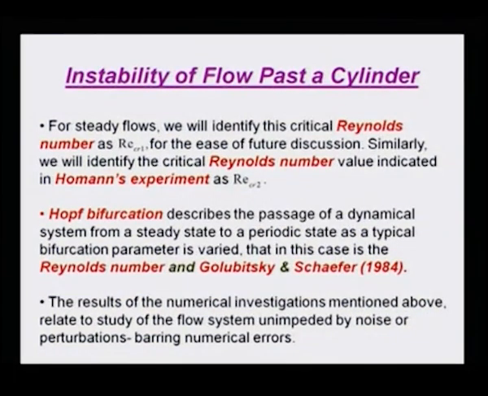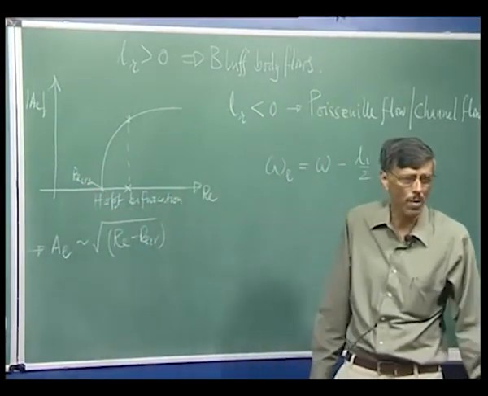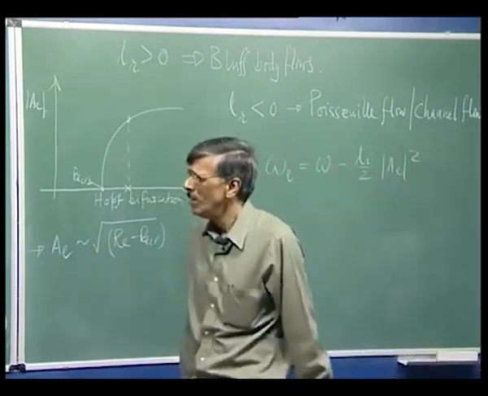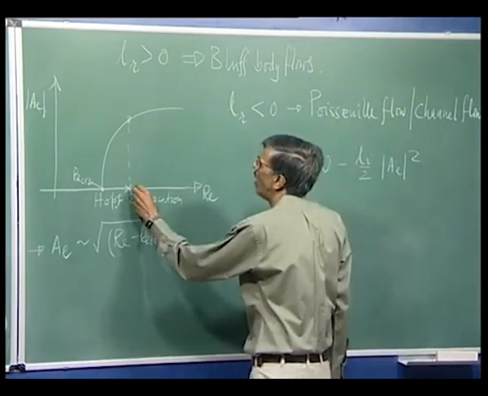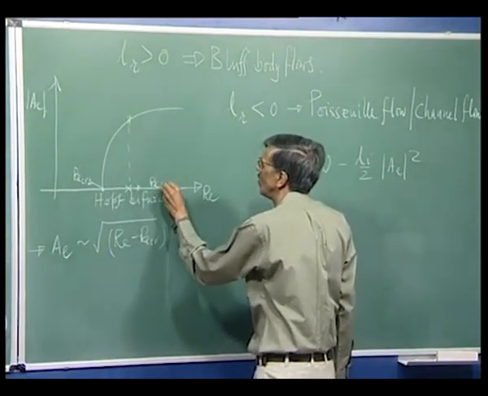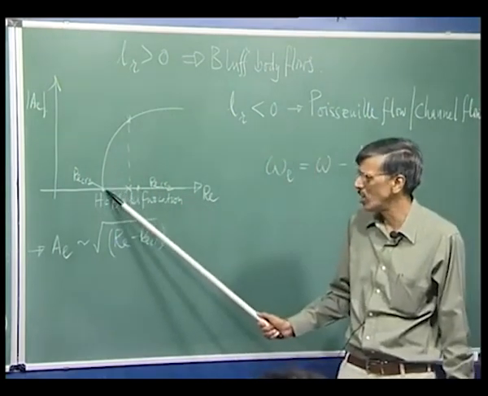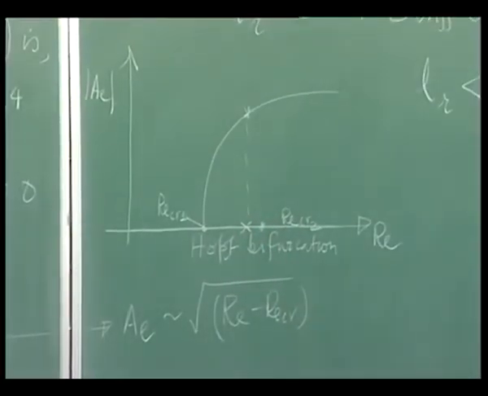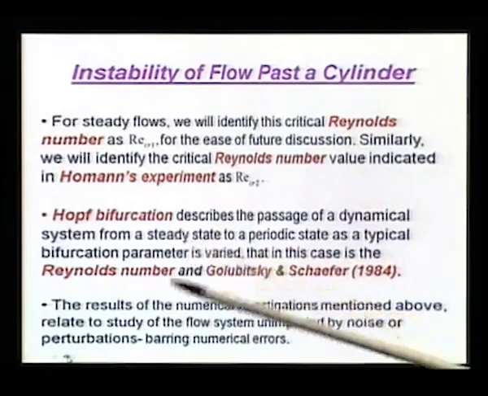This value we are talking about, Re critical 1, the first Hopf bifurcation. Okay. Instead, Hohmann's experiment identified a critical Reynolds number somewhere here, which is far in excess of what this is. So, if this is between 45 and 46, this is about 65 or so. So, that is what we are talking about as Re critical 2.